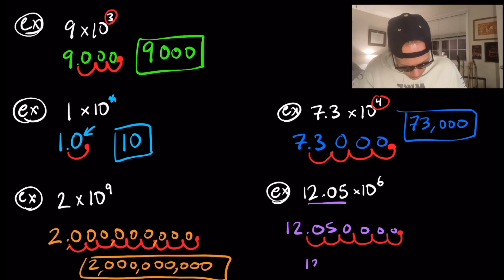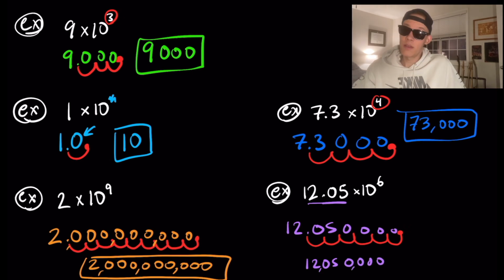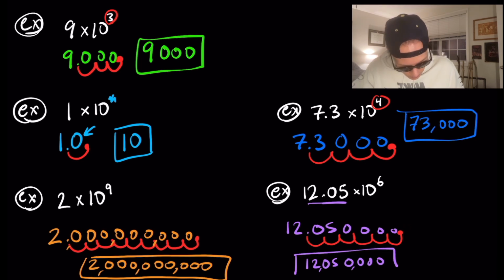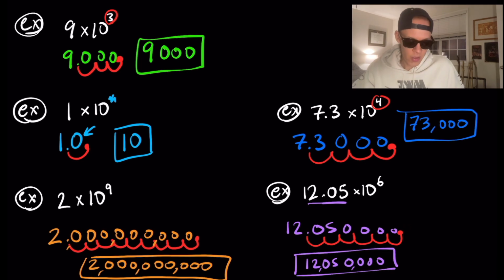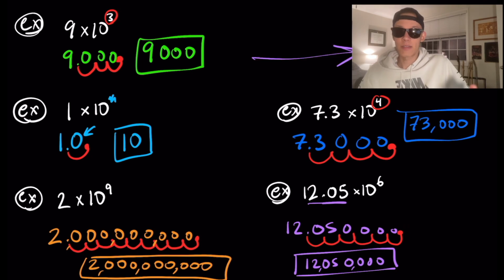So this will give us 1205 with 4 zeros, and that'll be 12,050,000 as the standard form of 12.05 times 10 to the sixth. So again, when you have a positive exponent for 10, you just take your decimal and move it to the right, whatever the exponent is, that many times.